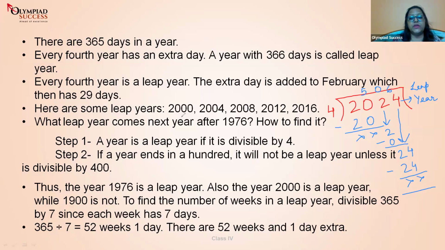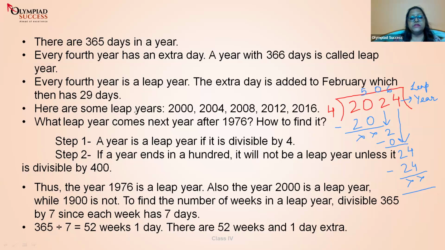Again, if we add 4 to it, the next leap year would be 2032, right? So this loop continues. Every 4th year you take as a leap year. So a leap year is exactly divisible by 4, leaving no remainder.